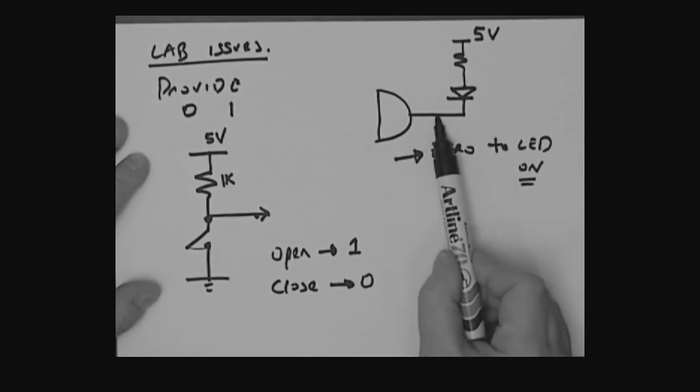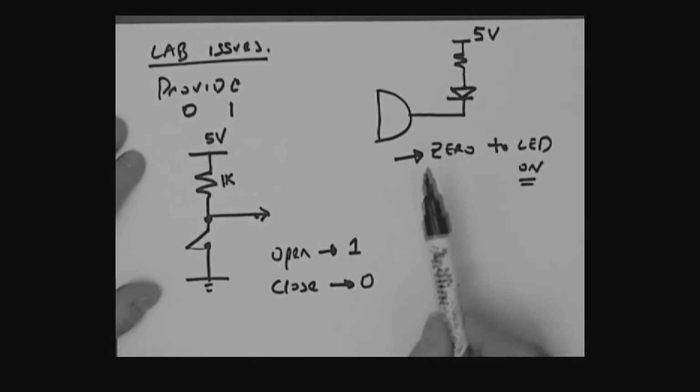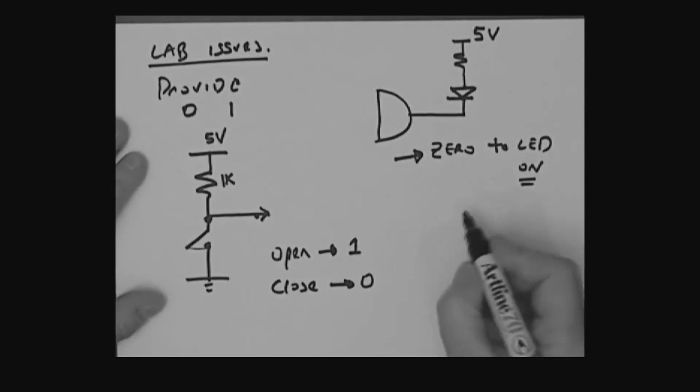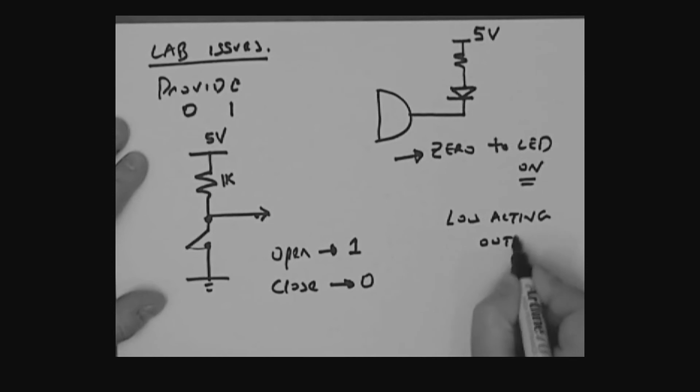This is then referred to as a low acting output. In other words, the action is occurring on a low, and the action in this case is turning on the LED. That action is occurring on a low rather than a 1. Okay, and so that's important that you really understand that. And so this would be what we call a low acting output in this case.